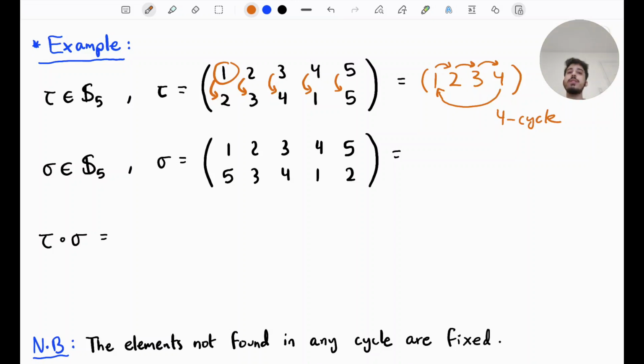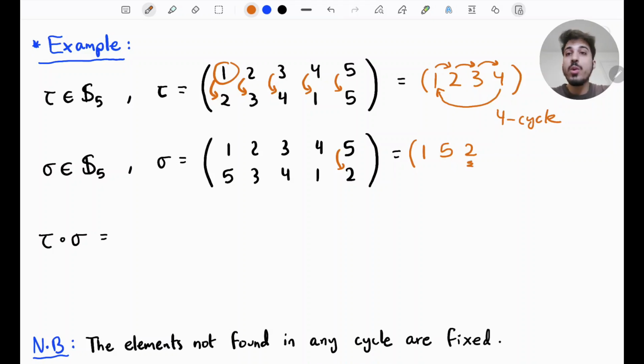So what about sigma? Well, sigma sends 1 to 5. So we start our cycle with 1 going to 5, and then we see where 5 is sent to. 5 by sigma is sent to 2, so we write 2 here.